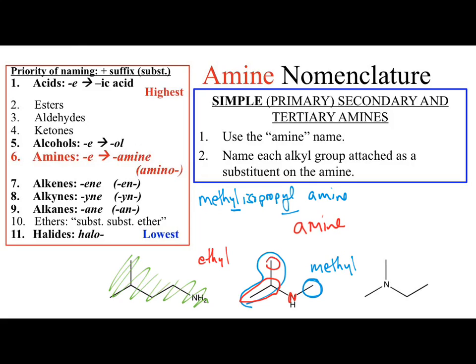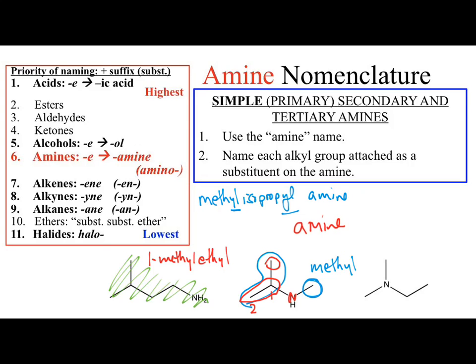That ethyl has a methyl substituent, so we have methyl ethyl. Where is the methyl? By definition, position 1, because that's where it attaches to the main chain. Isopropyl is also known as 1-methylethyl.